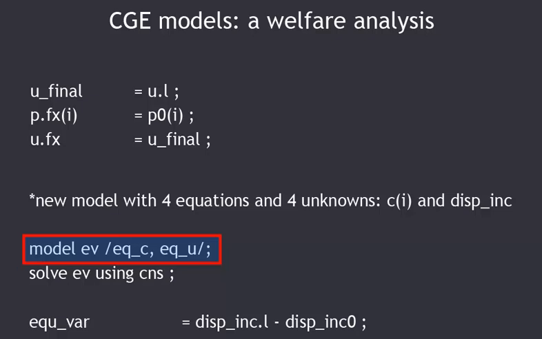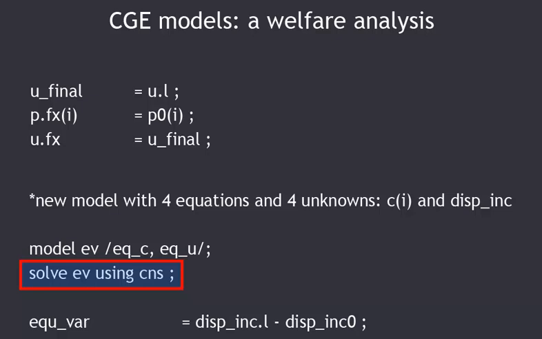Indeed, if you look at these two equations, you have P in sector I, which is fixed, and C, Mi, IN, gamma, and MPS, which are parameters. And so the only endogenous variables are C in sector I and disp_INC. So I write the instruction solve EV using CNS.